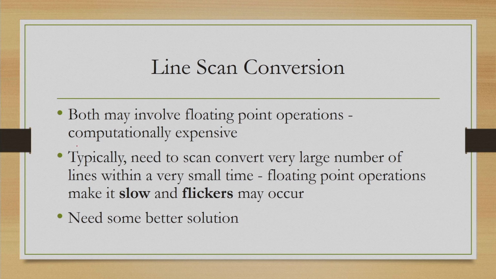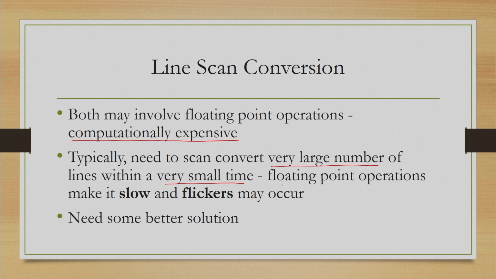So, we have a computationally expensive approach to convert a line to corresponding pixels. In reality, we need to scan convert a very large number of lines within a very small time.